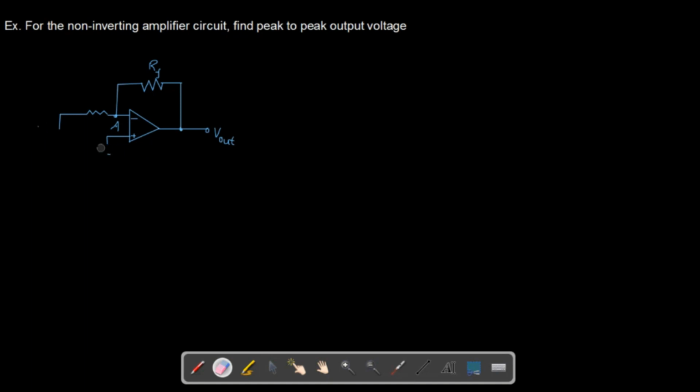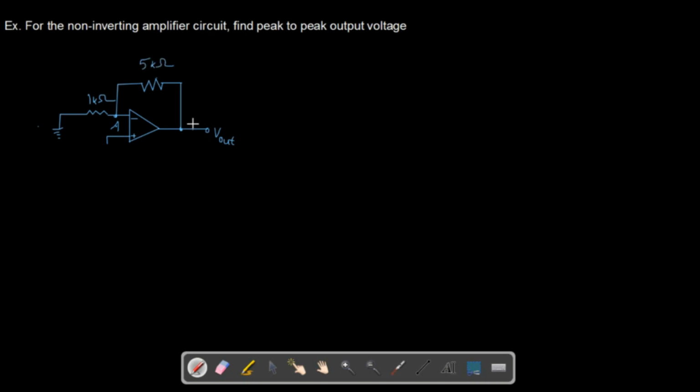Maybe I can just label it out. This side it's grounded, and we have got 1 kilo ohm here. And the other one, which is Rf, the value that is given is 5 kilo ohm, so I'll put the value as 5 kilo ohm.